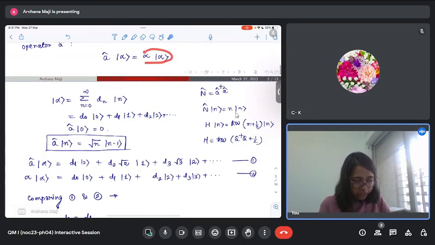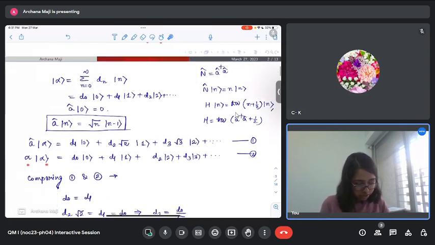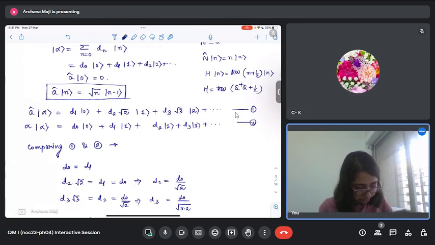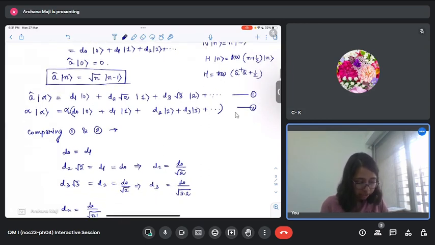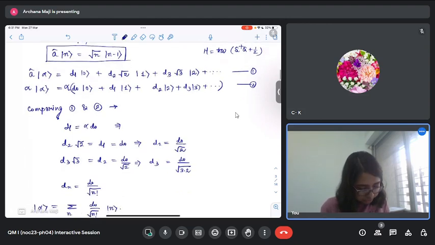And from the right hand side you have alpha times the state. I missed the alpha. So this is the state ket alpha, and that is multiplied by the eigenvalue alpha. So basically d1 is equal to alpha times d0.